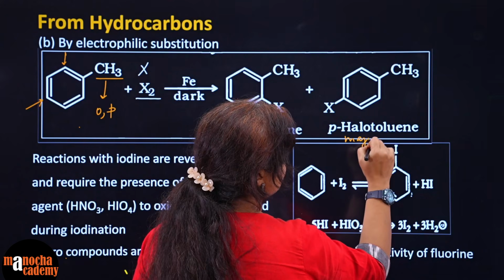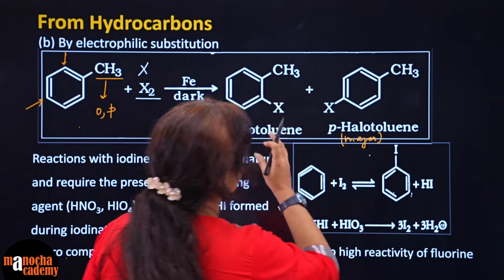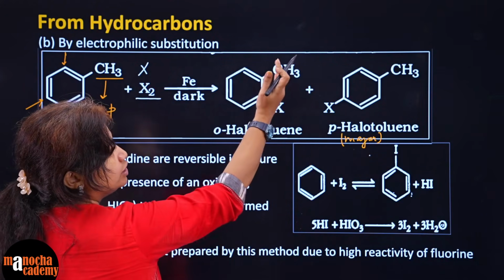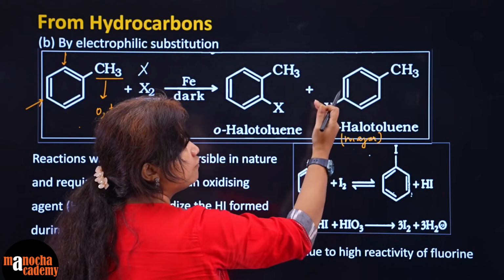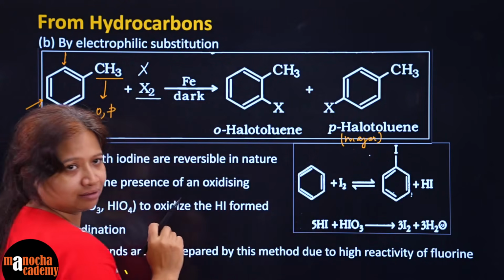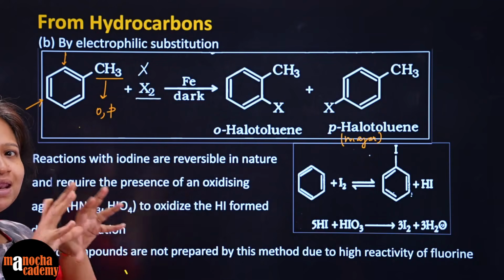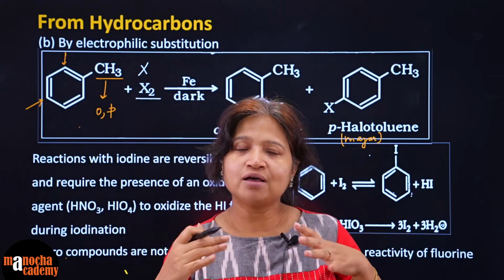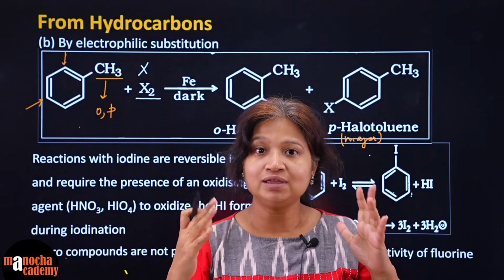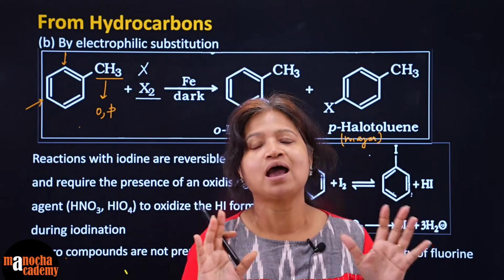Here it is for steric reasons. See, in the ortho case X is entering a crowded zone of methyl. Here X is entering a position far away from the crowded zone of methyl. So steric hindrance will be less. Like when we drive, we enjoy driving on the highway.